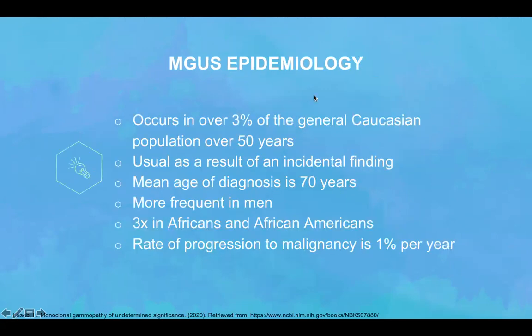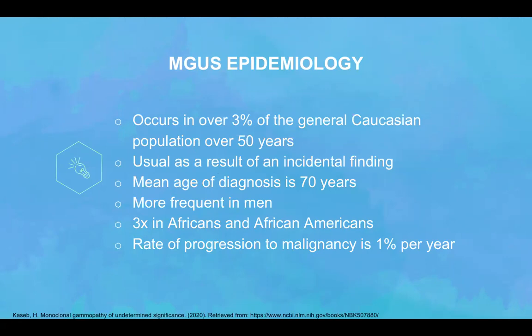In terms of the epidemiology of MGUS, this disease occurs in 3% of the general Caucasian population over 50 years. It's usually an incidental finding. It's not something we look for straight away, but if somebody is having a blood test or a serum electrophoresis, they could find this disease.